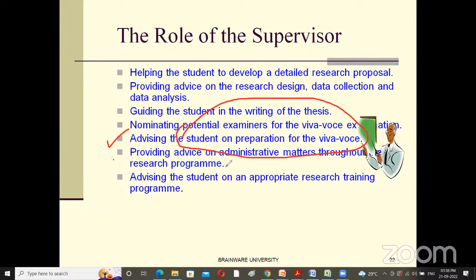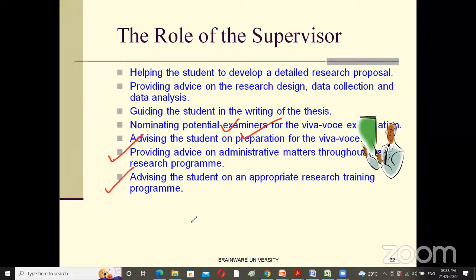Unlike the other examinations, where the examiners do not help the students directly or indirectly, apart from their classes, here the supervisor is there as examiner, and this is legally made possible that although he or she is the examiner, he or she is guiding the student every way in getting prepared for the thesis submission as well as for the viva voce examination, providing advice on administrative matters throughout the research program, and advising the student on an appropriate research training program.